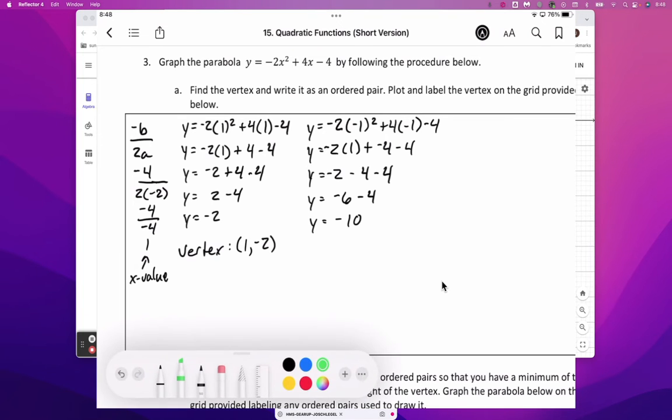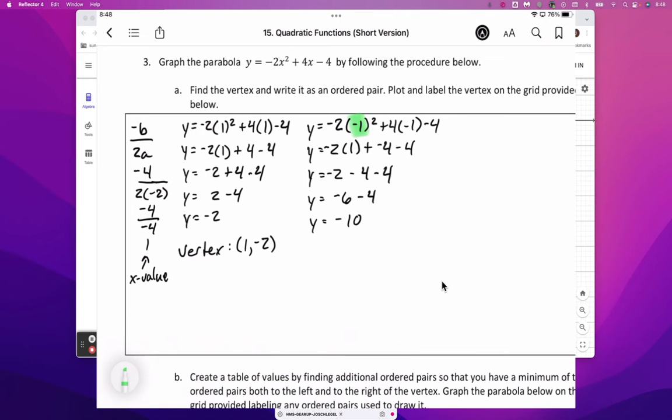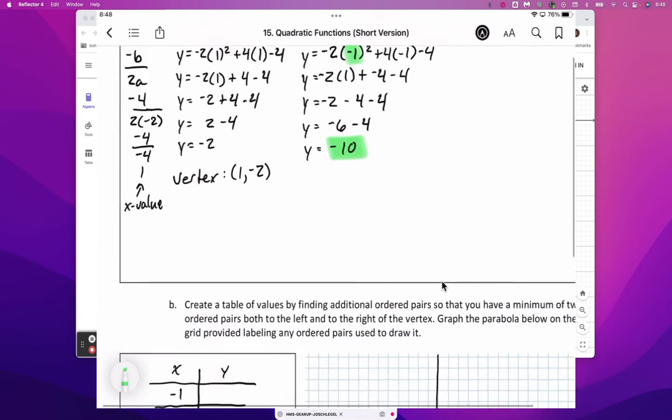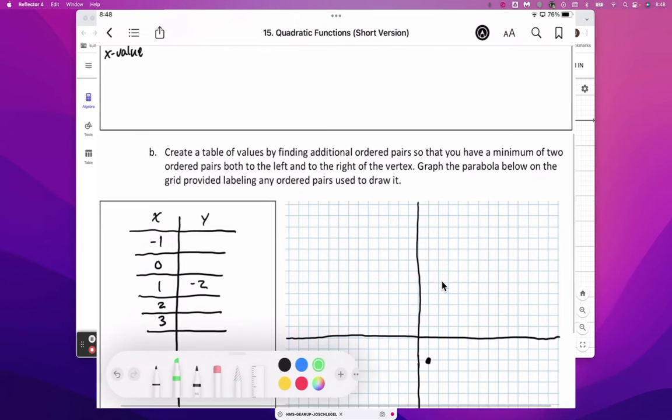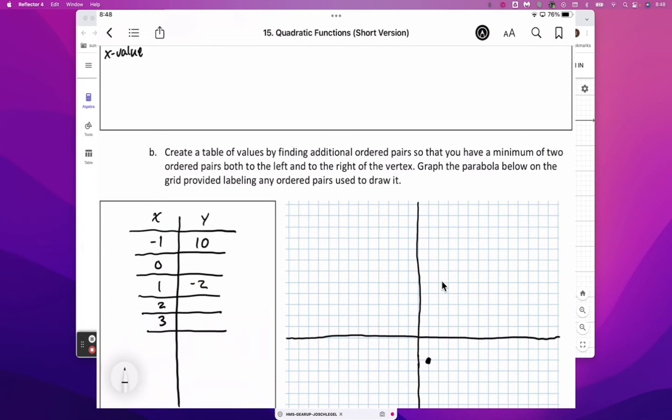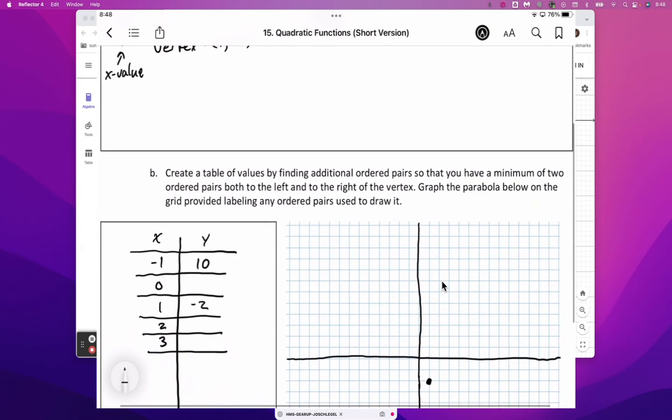So similar to the last one, our x value is negative 1. Our y value is negative 10. So negative 1 and negative 10. Next, I'll do the 0.